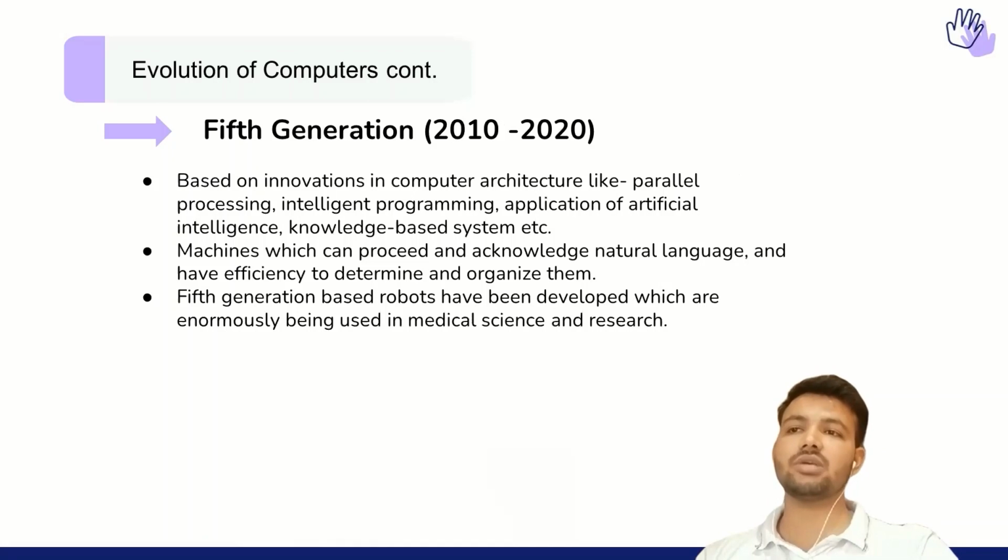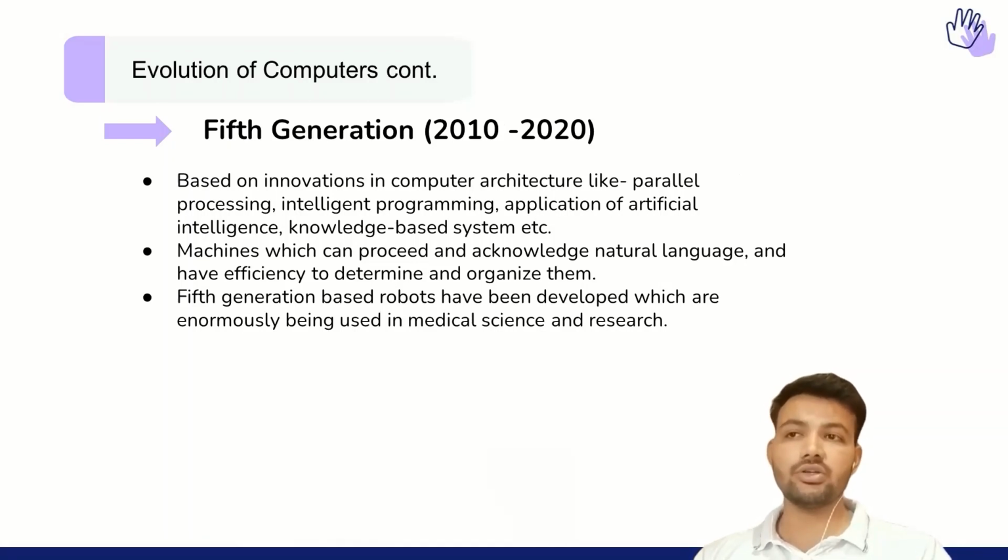Now let's come to the fifth generation, from 2010 to 2020. They were based on the evolution in computer architecture जैसे कि parallel processing या intelligent programming, the application of artificial intelligence and knowledge-based systems. So machines can produce and acknowledge natural language and more efficiently determine and organize them.